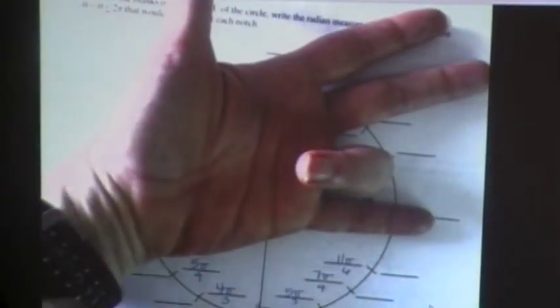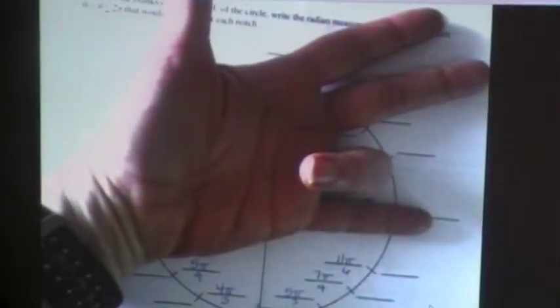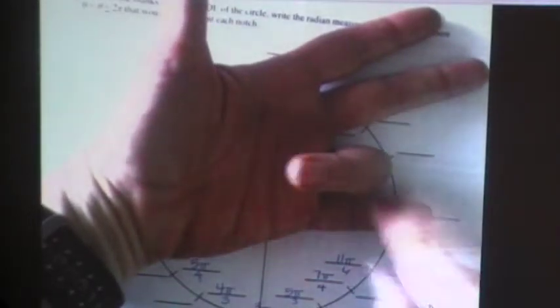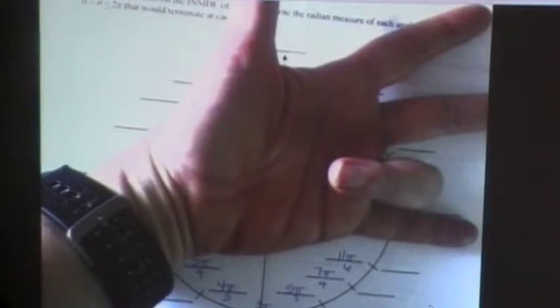The number of fingers on top gives me the numerator of my x value with a square root symbol on it. So at this particular place, pi over 6, I fold in that finger, and my x value is going to have a 3 on top with a square root over it. So I know it's going to have a square root of 3, and all of these values are over 2.